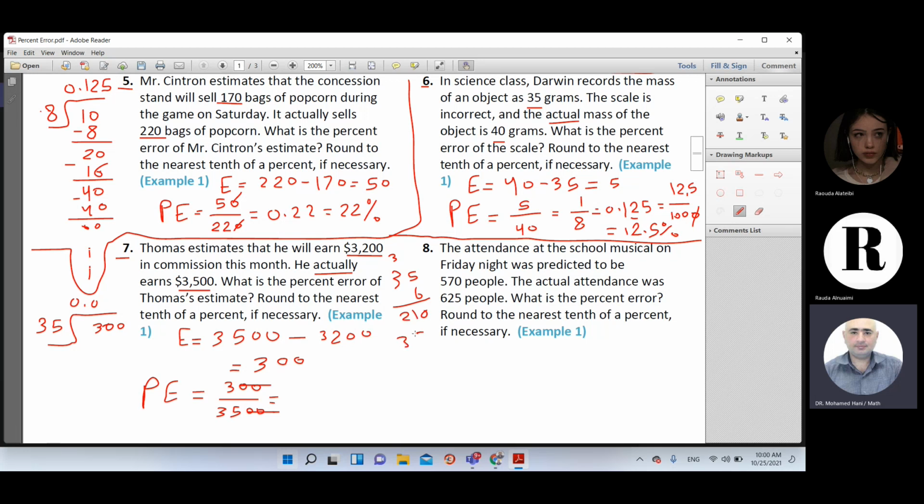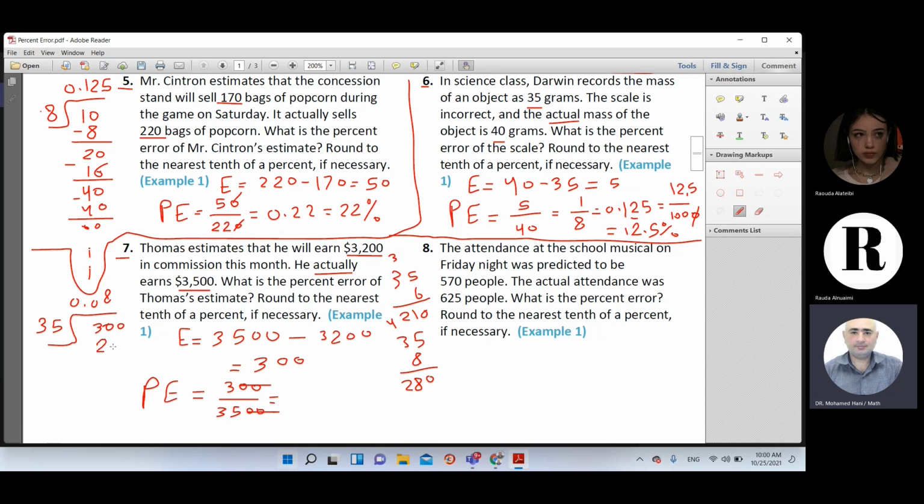Let us try greater than 6, for example, 8. 8 times 5, 40. 8 times 3, 24. 24 plus 4 will be 28. So this is the nearest number to the 300. So we can write here 8.